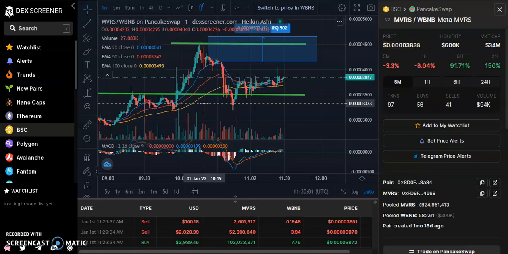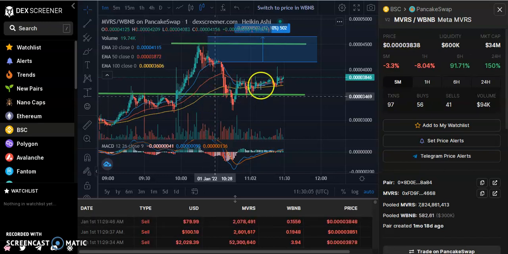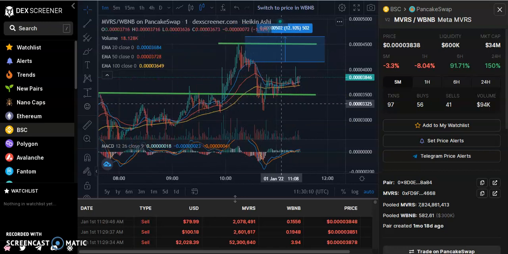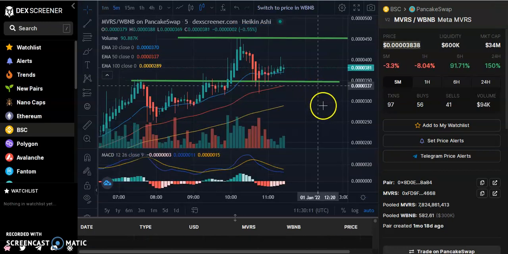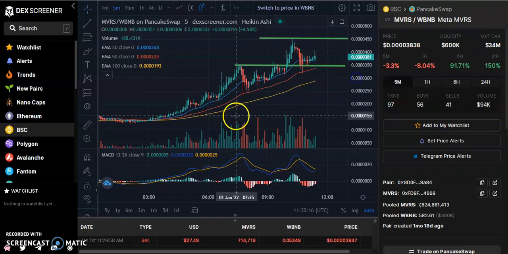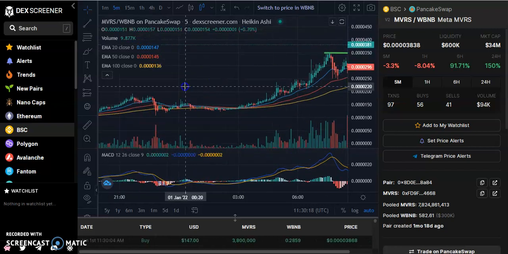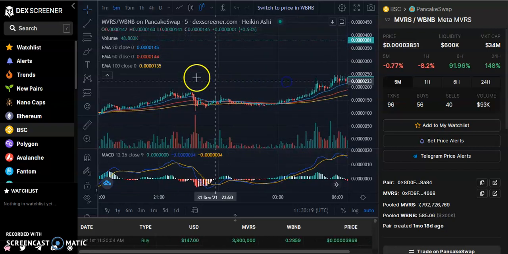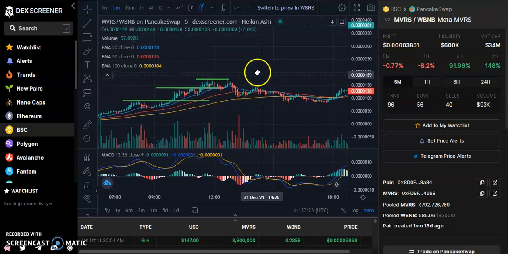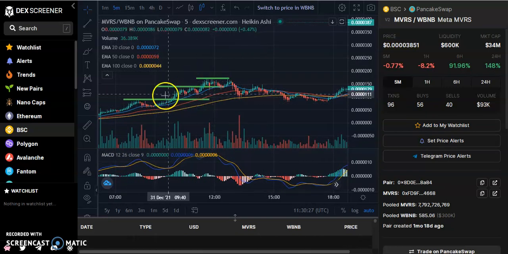So I made a mistake, but as we go along with trading, we live and learn. As you can see over here, I've been checking this token since yesterday. Let me go to the 5-minute chart. I was looking for coins to flip, and I was around here.